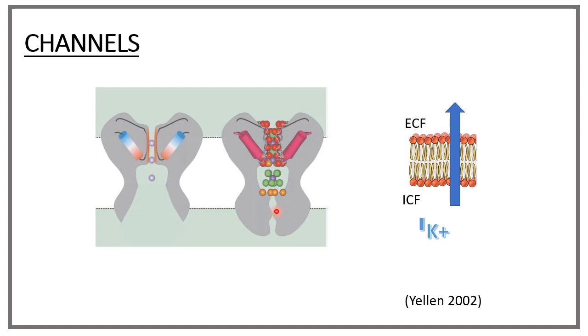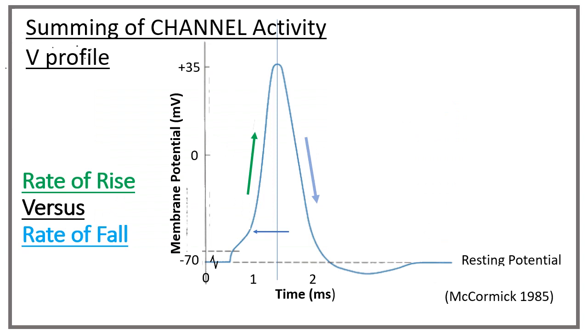Let's turn our attention now to various attributes associated with the combination of these channels. So when we sum together the sodium channels, plural, and the potassium channels, plural, they give us the voltage profile of an action potential, which is again shown here, membrane potential as a function of time.